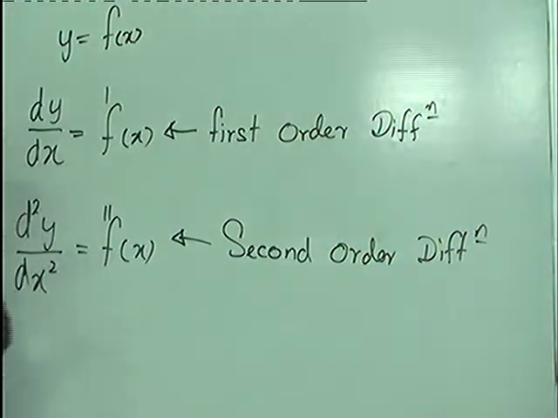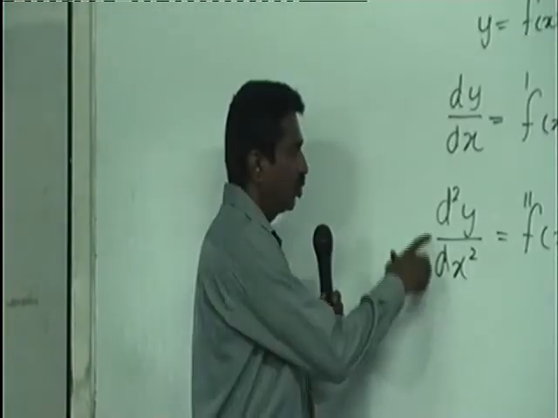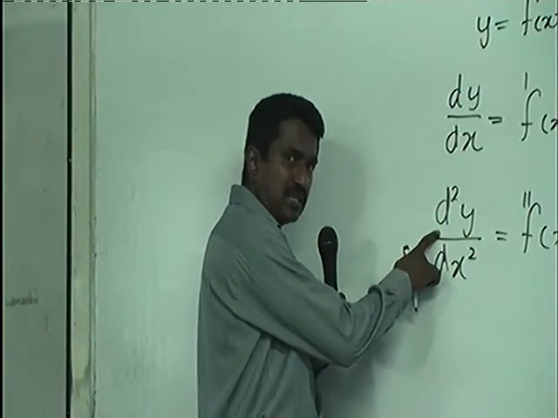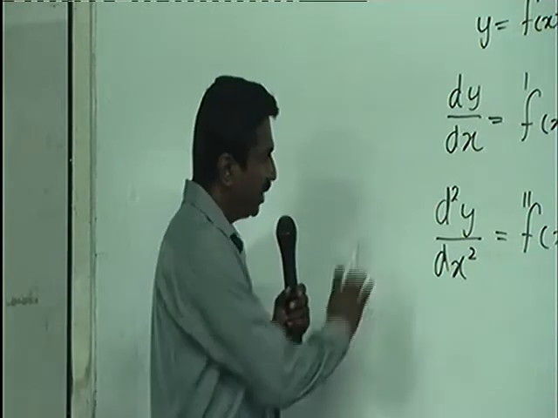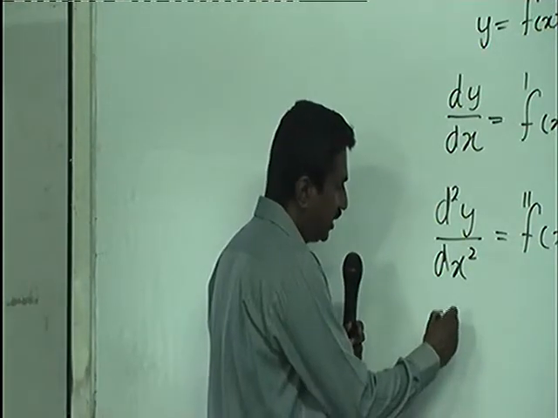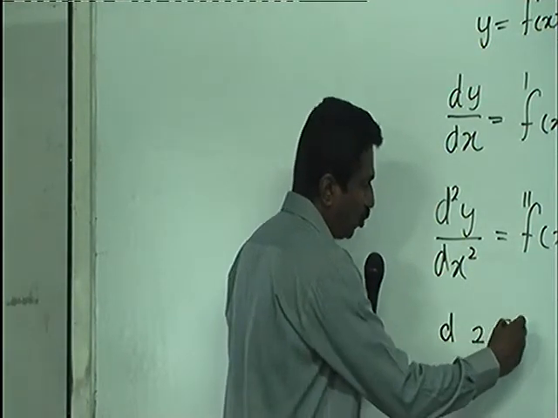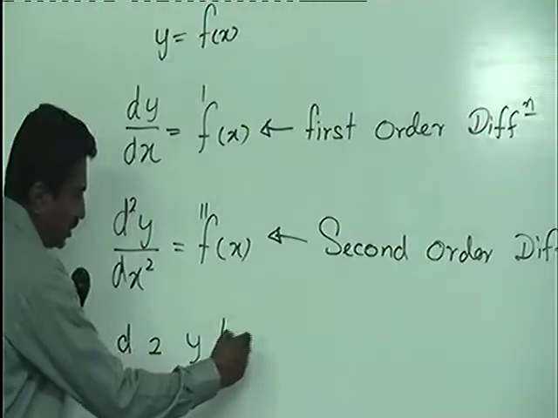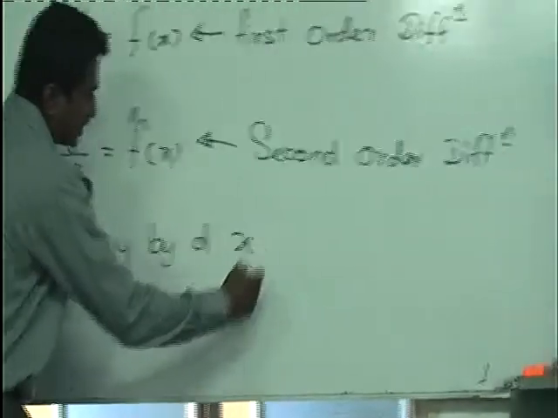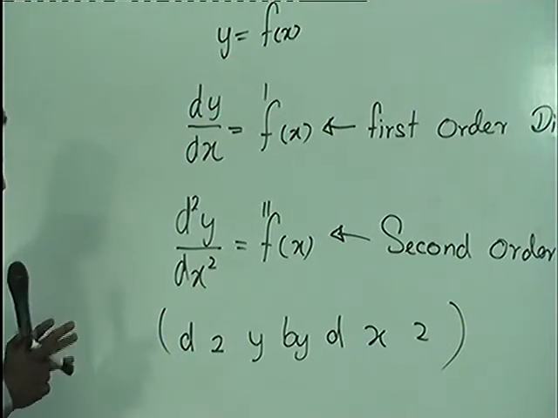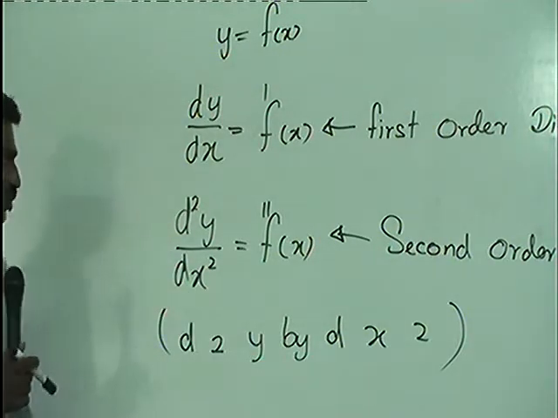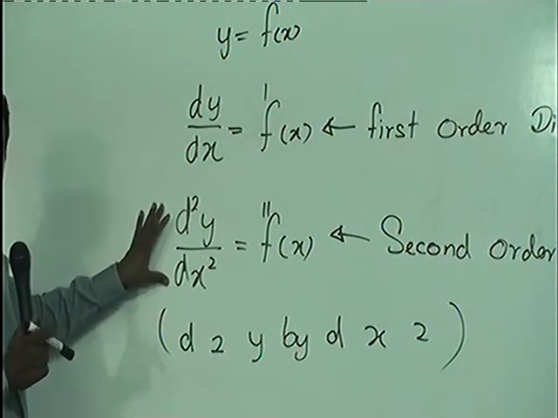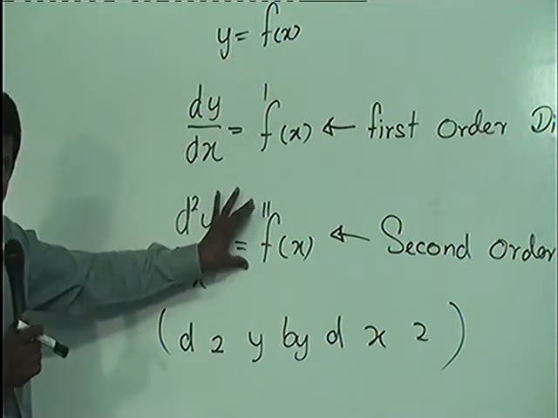So how do you pronounce this? There's a way of pronouncing it, like a name. We write d2y by dx2. This is the pronunciation. d2y by dx2 means the second order differentiation.